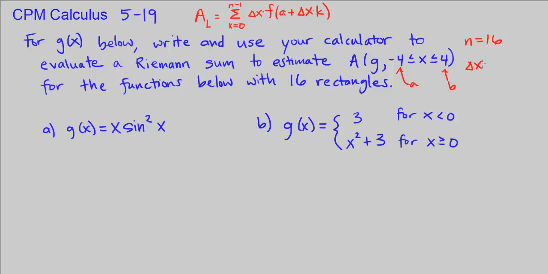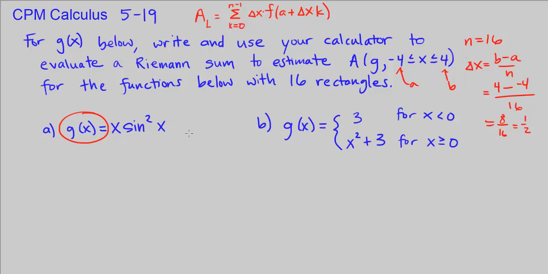And delta x is equal to b minus a over n, which is equal to 4 minus -4 over 16. The negatives cancel out, so that's equal to 8 over 16, or 1/2. Okay, so we have n, we have a, b, and we have delta x.